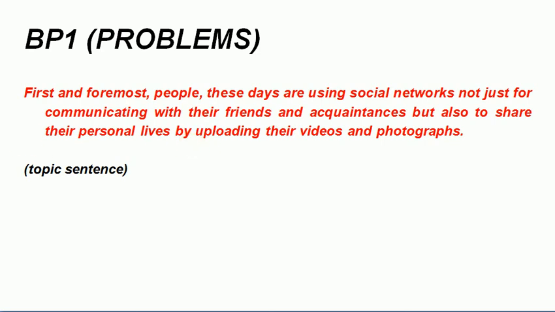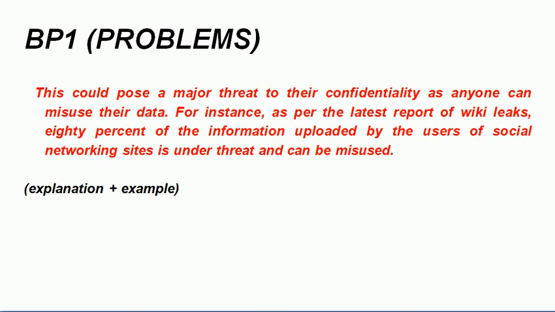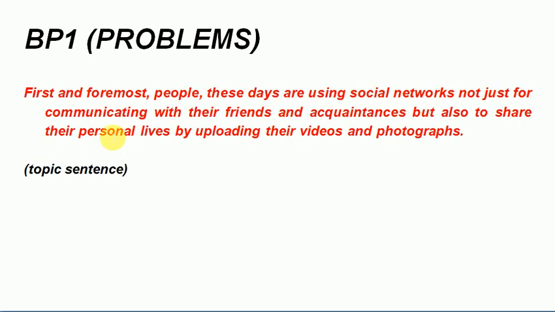After writing this topic sentence I have written this explanation of it and then we write example. So उसके बाद मैंने लिखा, this could pose a major threat to the confidentiality as anyone can misuse their data. तो पहला sentence था topic sentence कि people these days use social network sites not only for communicating but also for sharing, for uploading the videos and photographs.